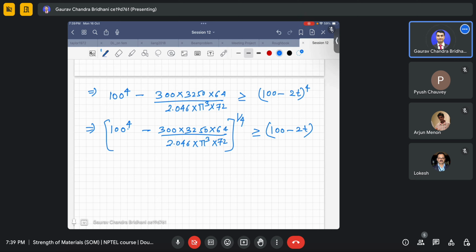Then this should be subtracted from 100 to the power 4, and then taken to the power 1 by 4.